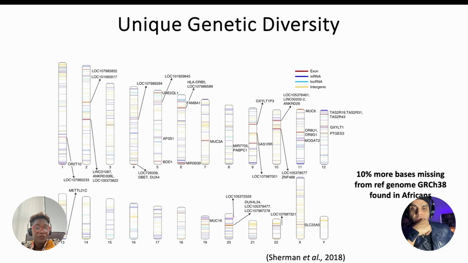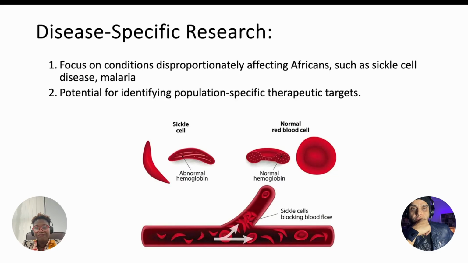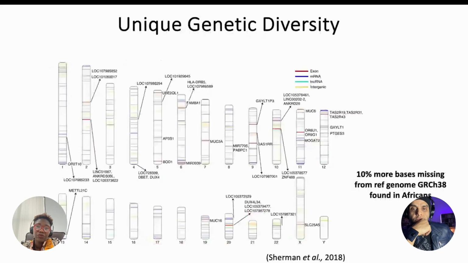And this is missing from the reference genome. So that tells you that when it comes to African genomic studies, the yardstick we are using falls short. That highlights the need for population-based studies.